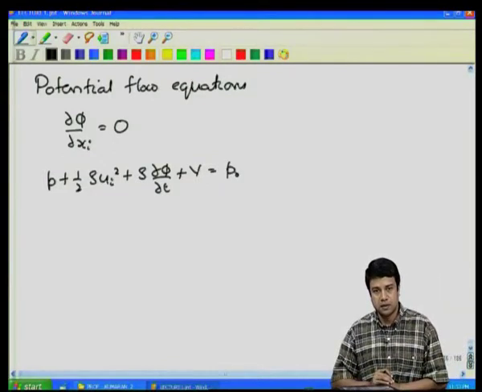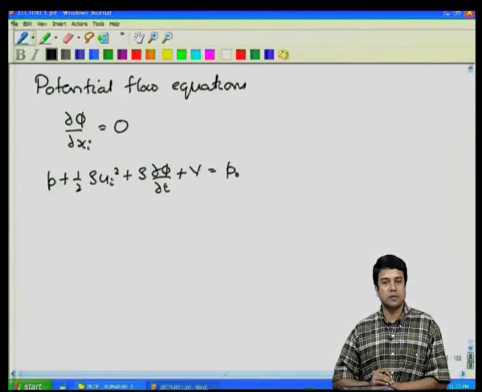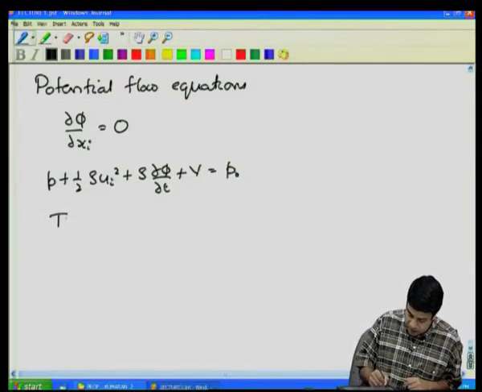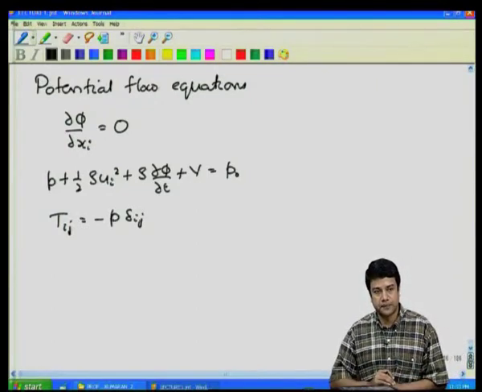Note that we have completely neglected the viscous terms in the conservation equation. That means that the stress tensor is just equal to minus the pressure times the identity tensor. So, the stress tensor for potential flow is equal to minus P delta Ij. So, that is the stress tensor.